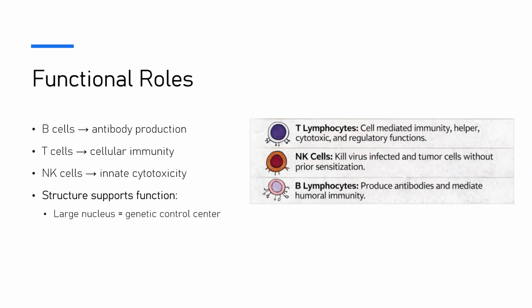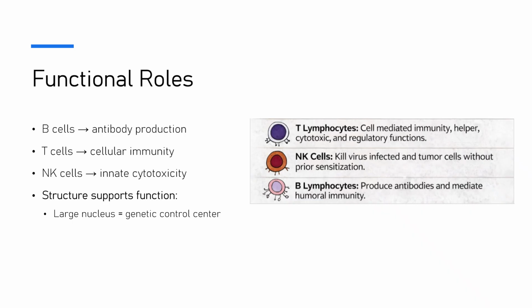And finally, natural killer cells, specialized in recognizing cells that appear abnormal, particularly virus-infected cells or tumor cells, and destroying them without needing prior sensitization. Now, if we think back to the morphology we just discussed, the large nucleus of lymphocytes reflects their role in genetic regulation and immune signaling. These cells rely heavily on gene expression and protein synthesis to produce cytokines, antibodies, and other signaling molecules.